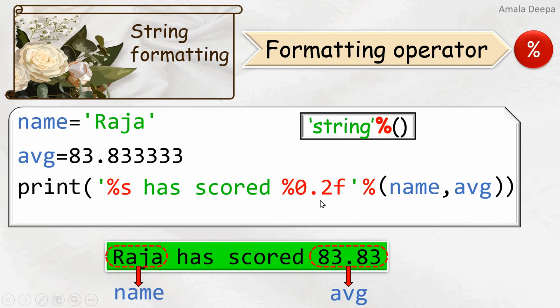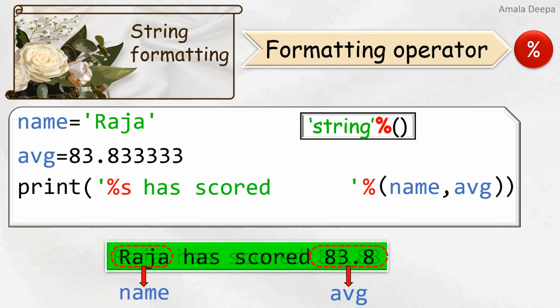The 0.2 indicates the width of the decimal places. How many decimal places do I want in the output? Here I want 2 decimal places after the decimal point, 8, 3. So here I am giving %0.2f.